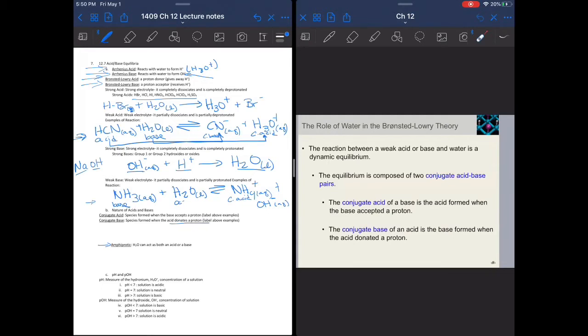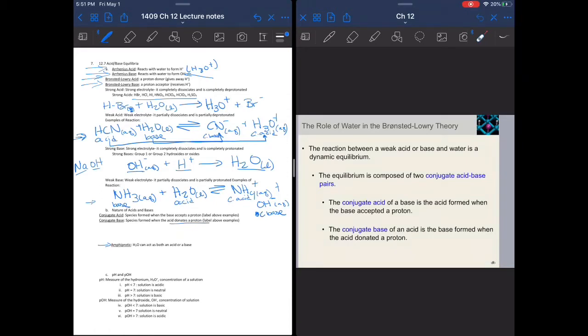H2O is acting as the acid, so OH- must be the conjugate base. All right, you should be able to identify those pairs. We can write equilibrium expressions for these.